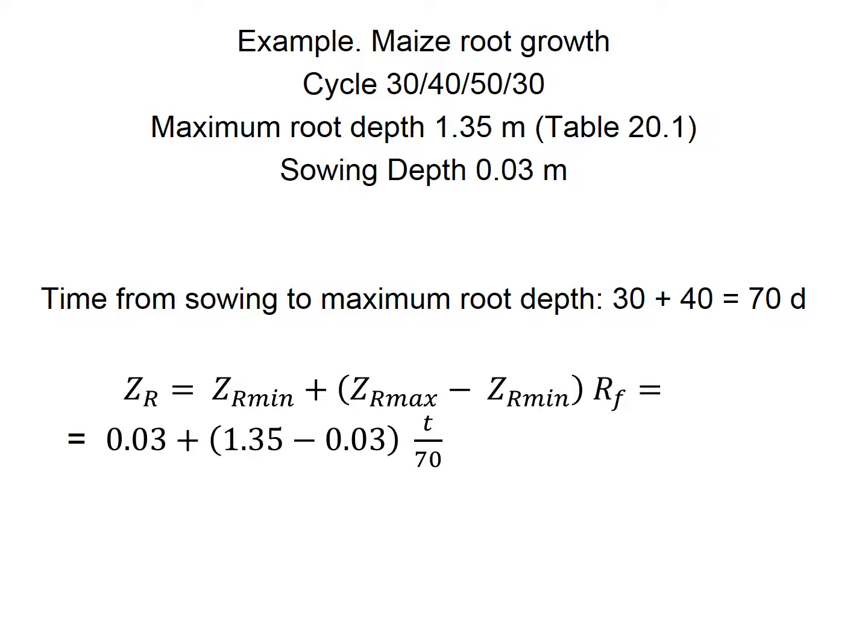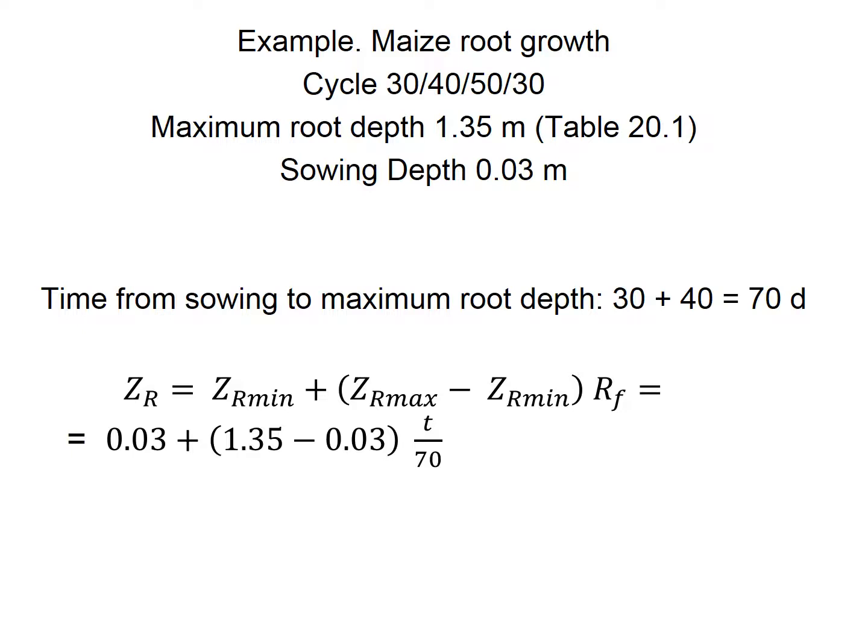In principle, the time from sowing to maximum root depth is equal to the time until the maximum crop coefficient. In other words, it would be the sum of the durations of the first and the second stages of the crop cycle, which in this case is 70 days until the maximum rooting depth is obtained.